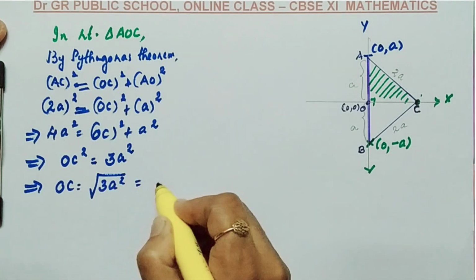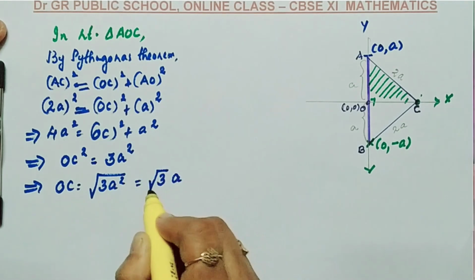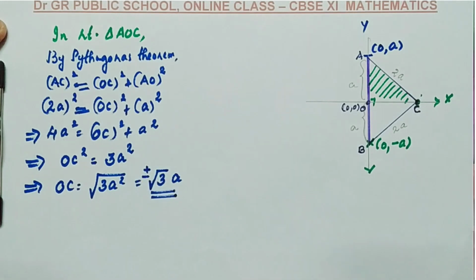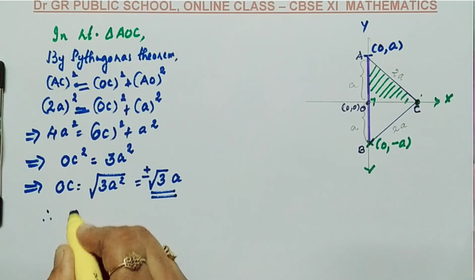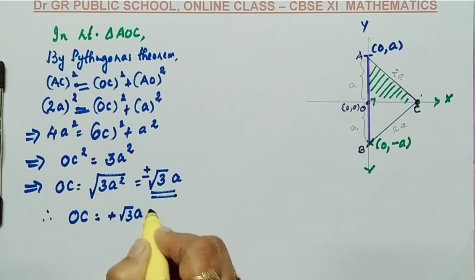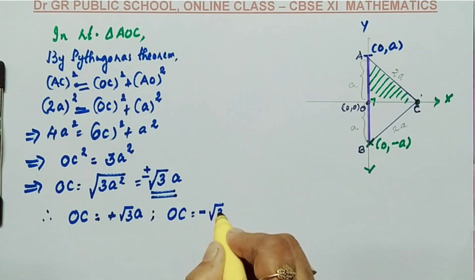The 3 stays in the root as root 3, and A square comes out of the root, you get A. But remember, plus or minus will come with a square root. Therefore, OC can be taken as plus root 3 A, or you can take OC as minus root 3 A.